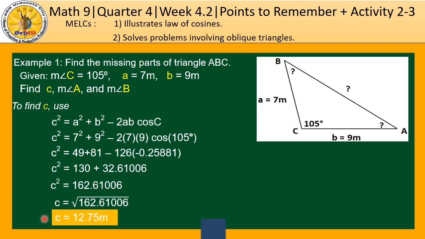So the value of C is equal to 12.75 meters. Again, in my final answer, I just get two decimal places. This is for side C.